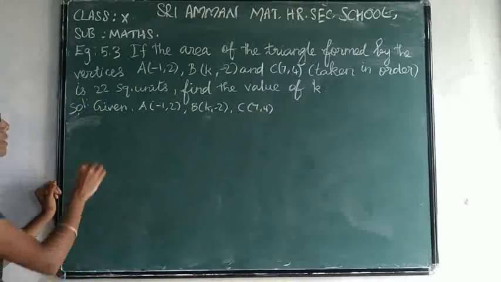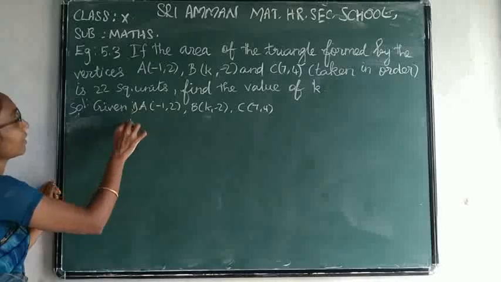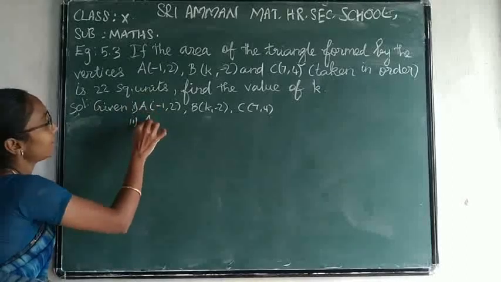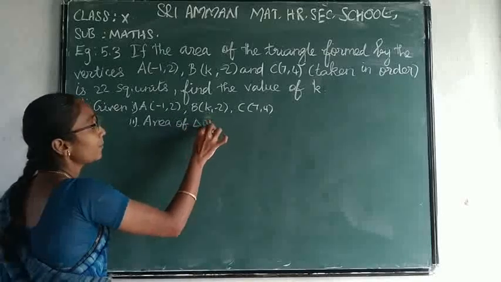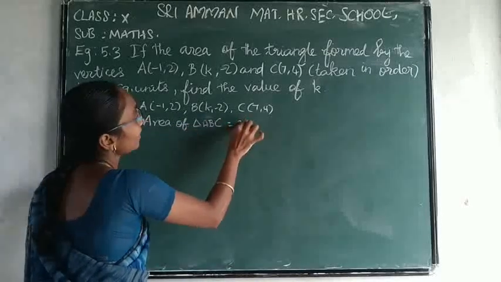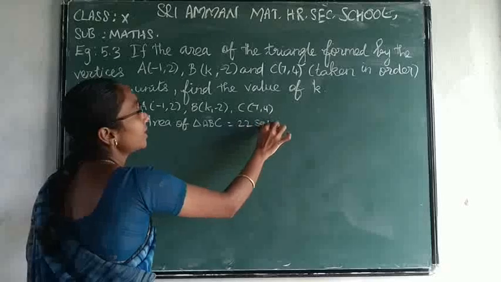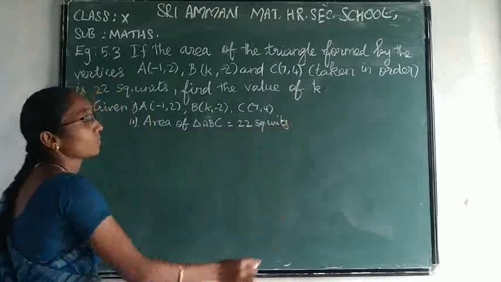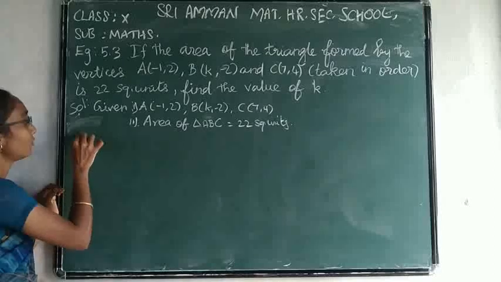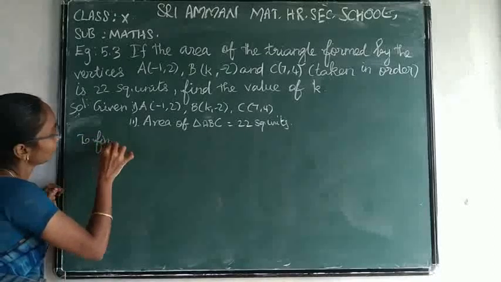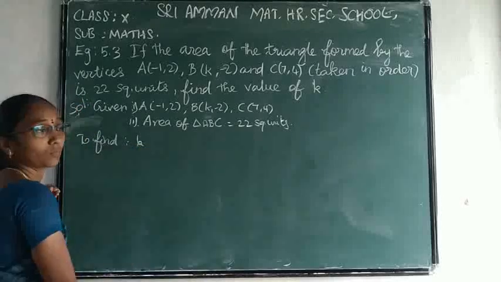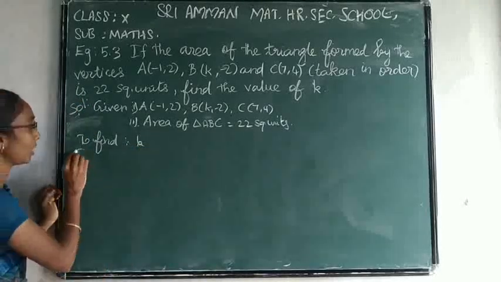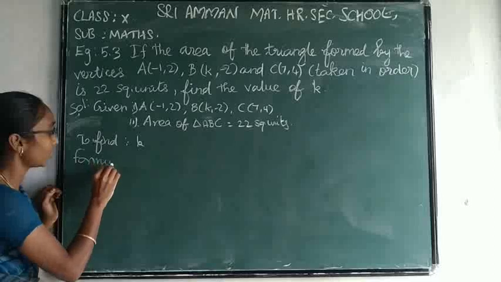And what else is given? Area of triangle ABC is 22 square units. To find: the value of k. Okay. Formula: what is the formula for the area of the triangle?